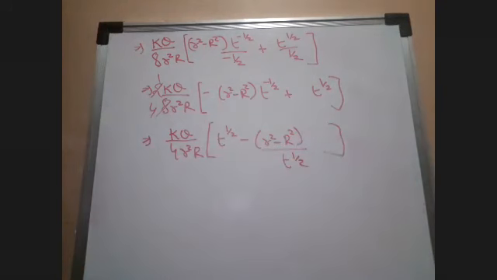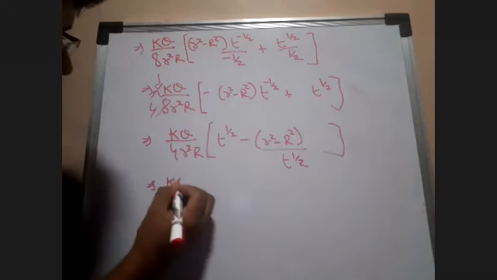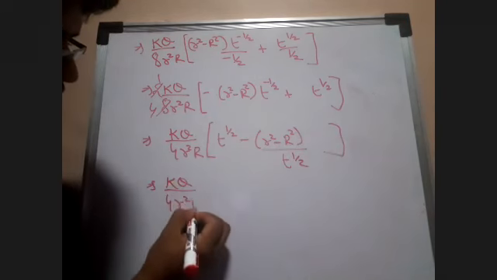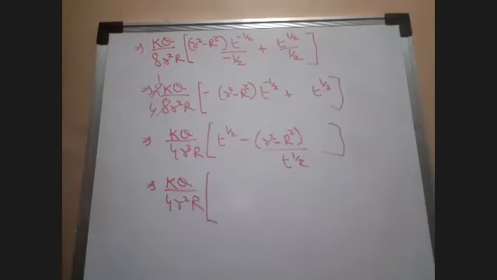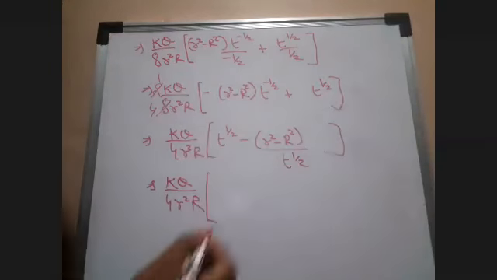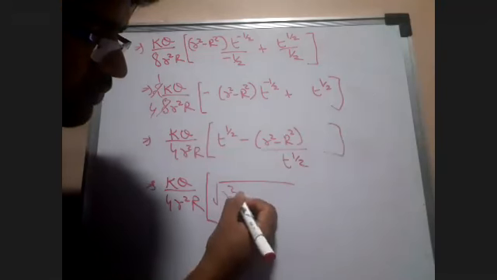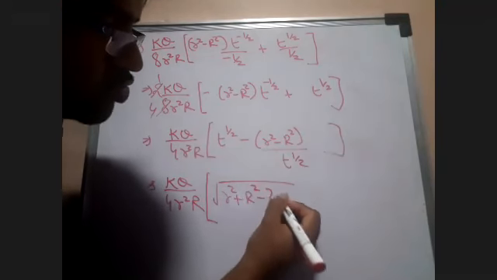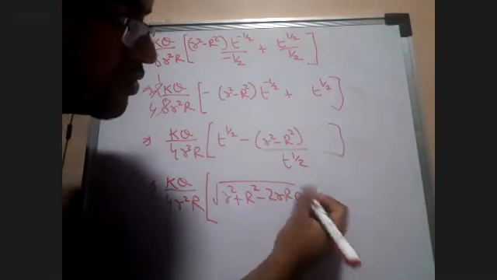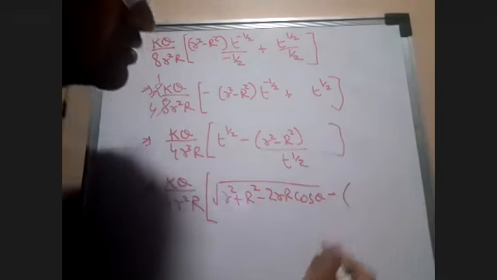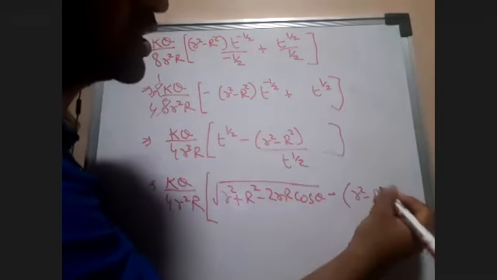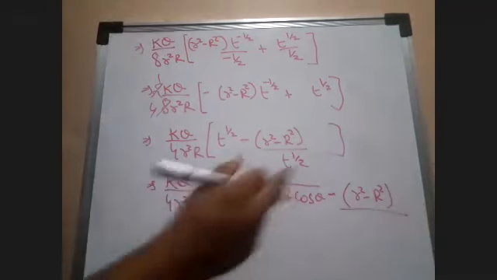And now we know what t was, that entire denominator. If you've written it in your notebooks, you can resubstitute it. What we'll get is kq upon 4 small r square capital R. We substitute that entire expression in terms of t, and t raised to half means there's a root of it, so we get root of r square plus capital R square minus 2rR cos theta, minus r square minus capital R square upon the same denominator.